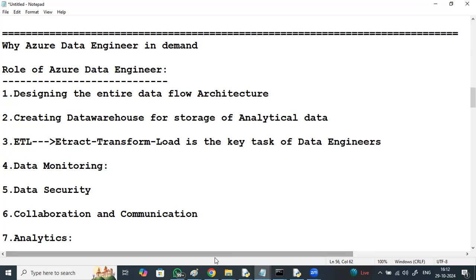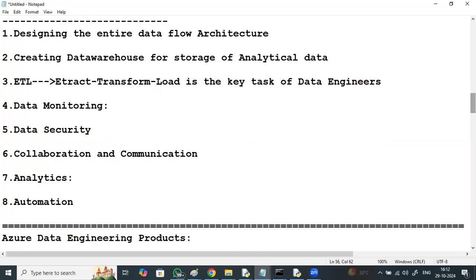And analytics: they need to have strong analytical and mathematical skills to perform analysis. Automation: they have to automate certain processes which require minimal human intervention, such as data extraction.